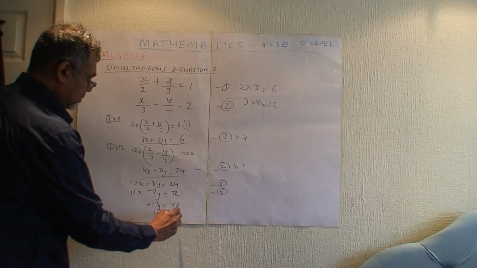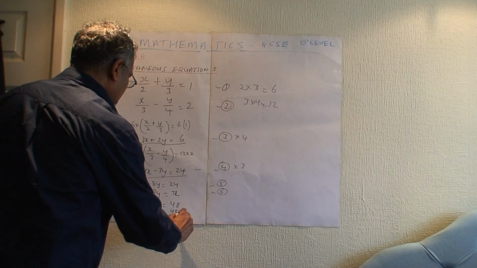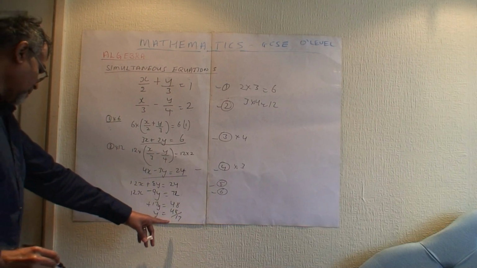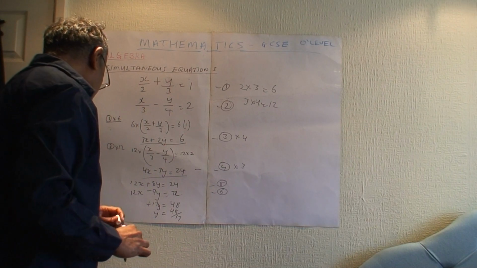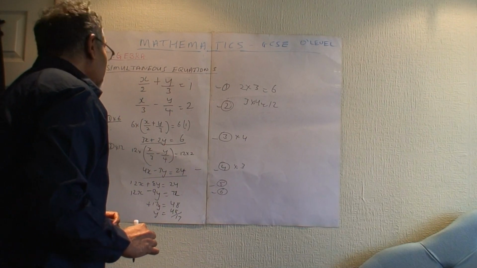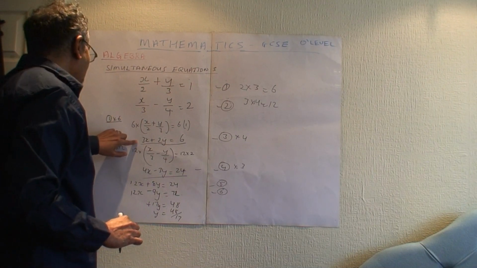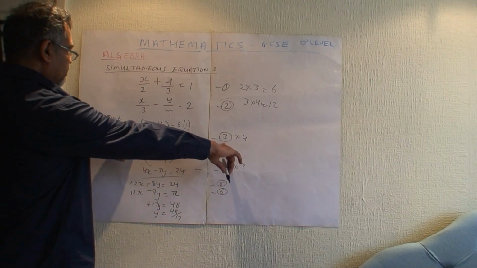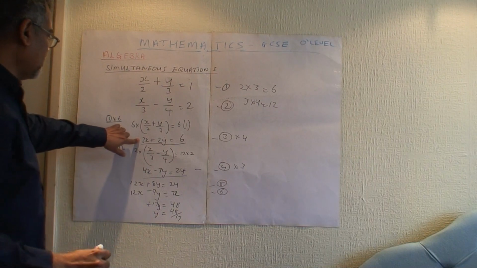So y is equal to 48 divided by 17. So if we know y is 48 divided by 17, then we substitute it into equation 3.